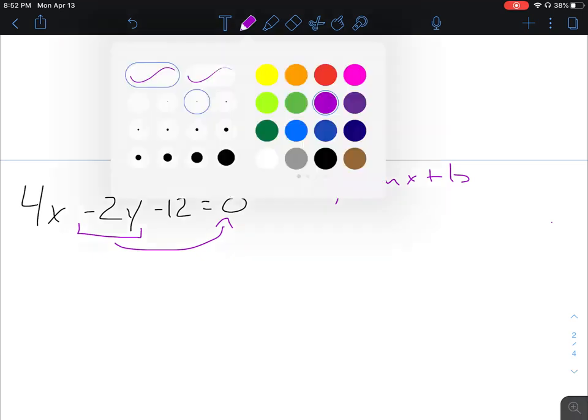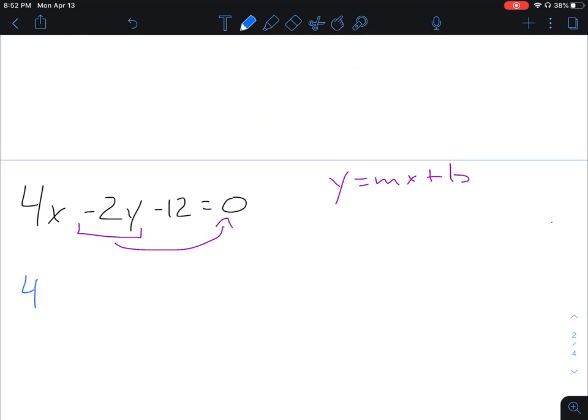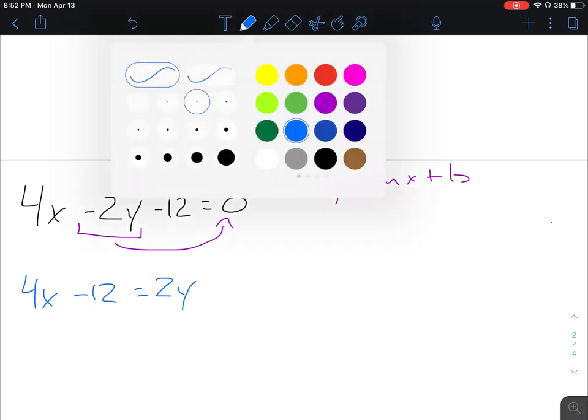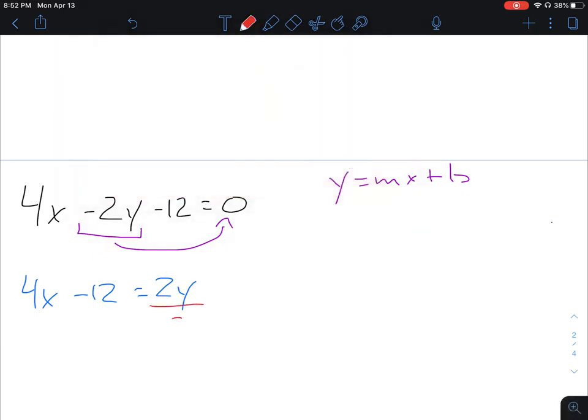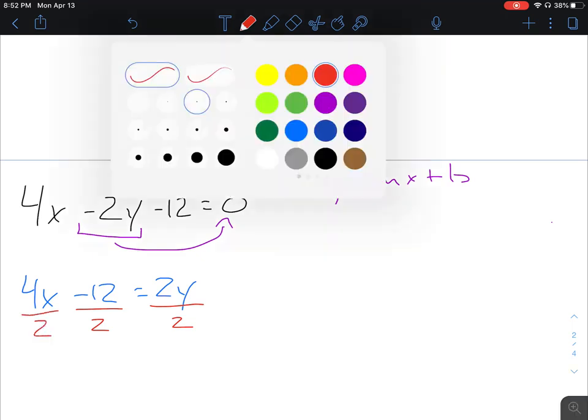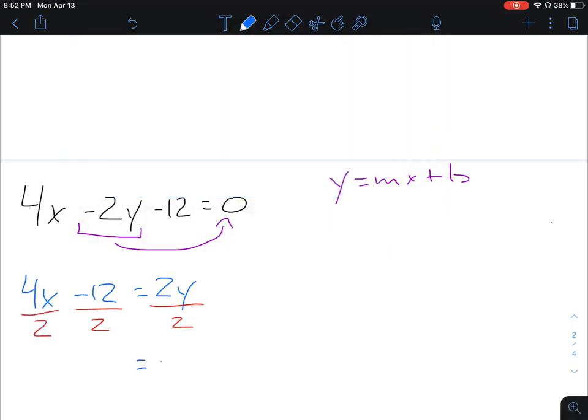So when I bring that over, I then have 4x minus 12 is equal to 2y. Now to isolate my y further, divide everything by a factor of 2, and I'm left with my y isolated. 4x divided by 2 gives me 2x. Negative 12 divided by 2 gives me negative 6.